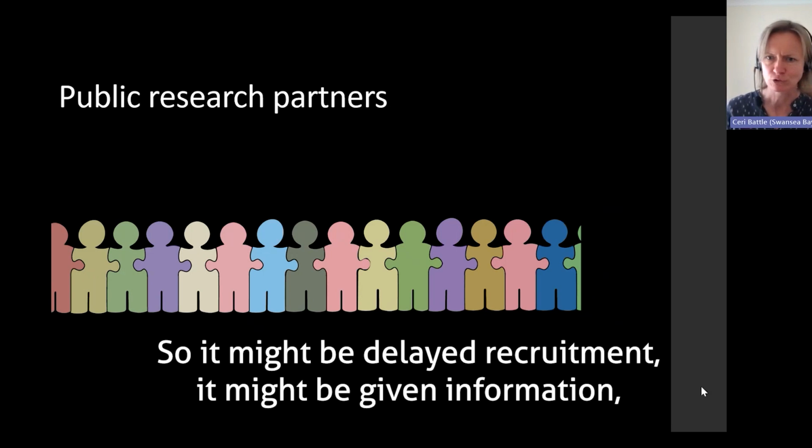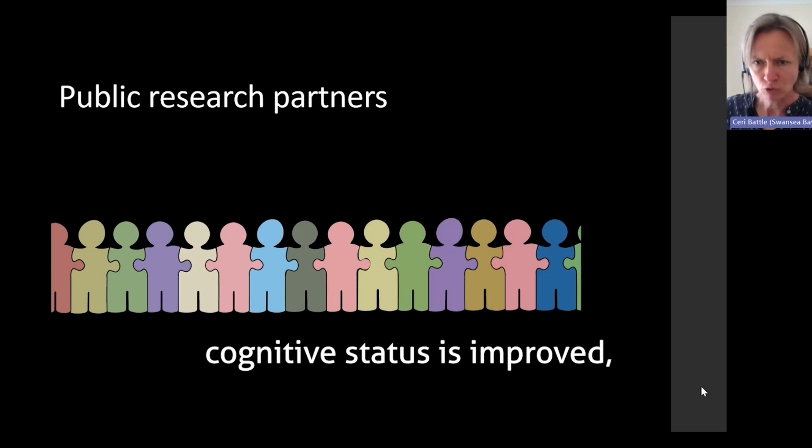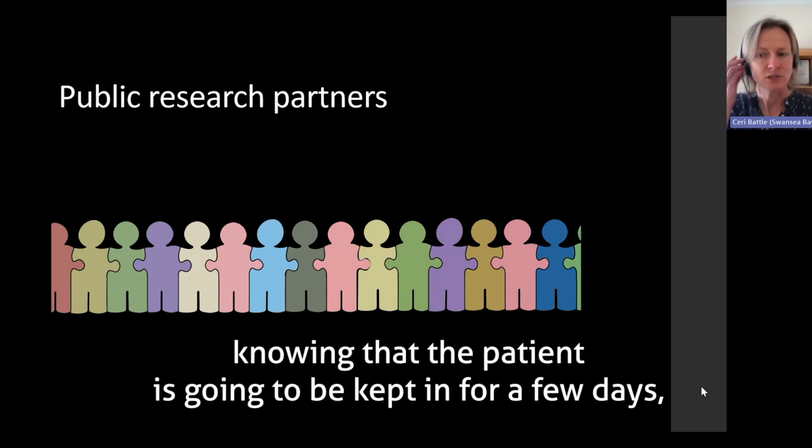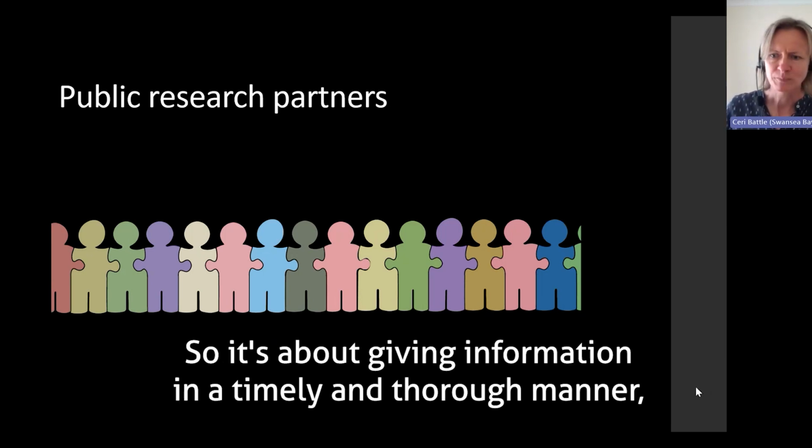So it might be delayed recruitment, it might be giving information and then going back and reinforcing that information once the patient's cognitive status has improved. Knowing that the patient is going to be kept in for a few days post-operatively gives us that opportunity, for example. So it's about giving information in a timely and thorough manner.